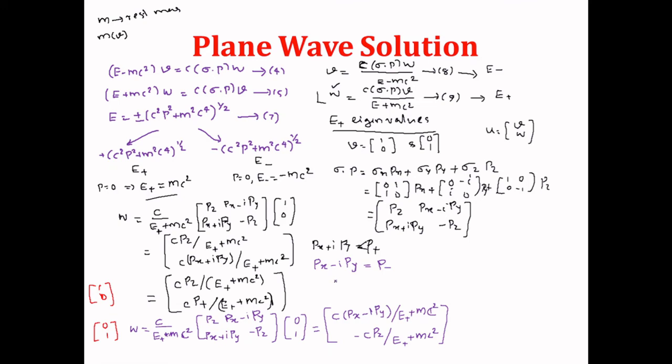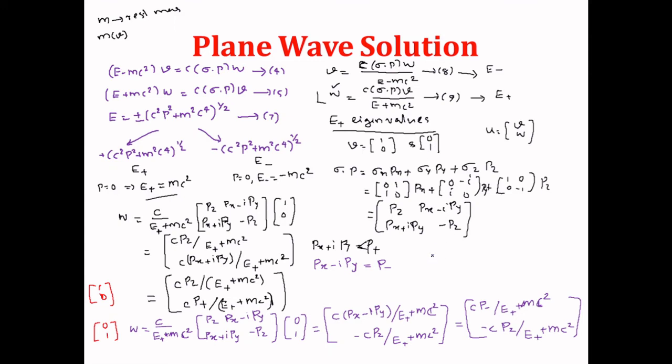Similarly we can take Px minus iPy as P minus. So what we will get is C P minus by (E plus plus mc²) and minus C Pz by (E plus plus mc²). So we have found the value of W for the V matrix (1, 0), and also the W matrix for the V value (0, 1).